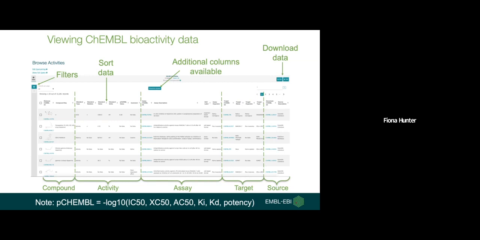As a result, ChEMBL has developed a concept called pChEMBL, which is the negative log 10 of any of these bioactivity measurements. And this provides a quasi-equivalent bioactivity measure, so you can compare different data types in a relatively straightforward manner, although they're nearly equivalent, not entirely equivalent.